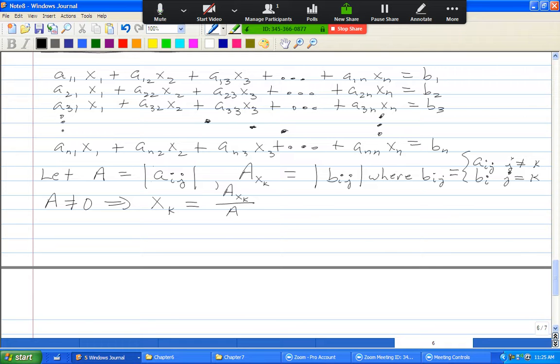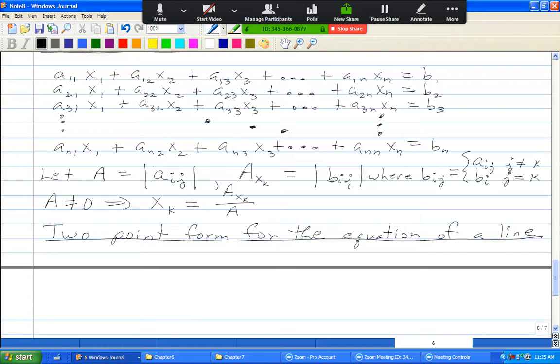The two-point form for the equation of a line can be written as a determinant.